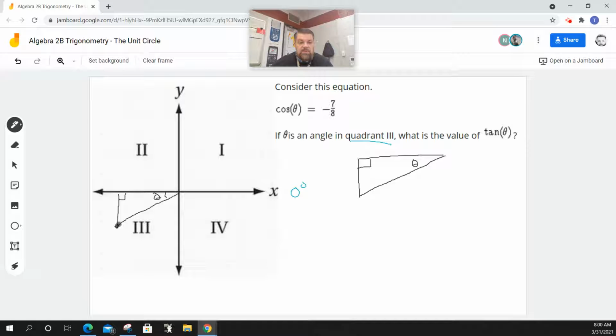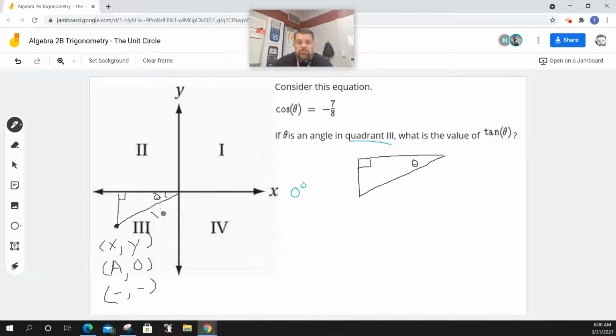Now remember, this point here has an x, comma, y. But really, when you think about it, the x is the adjacent and the y is the opposite. But in quadrant 3, guess what? Both the adjacent and the opposite are negative.